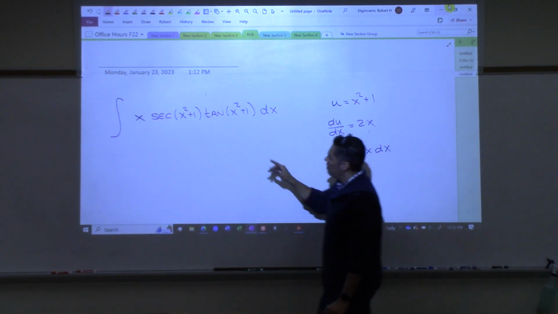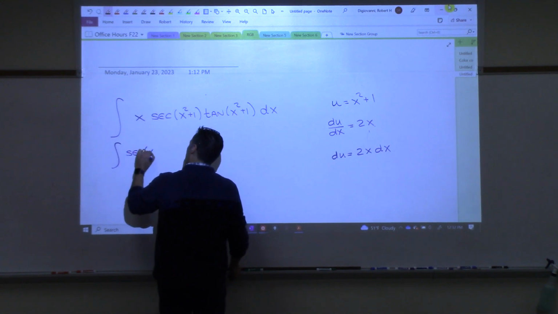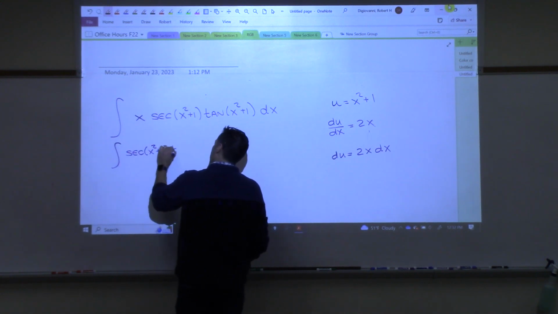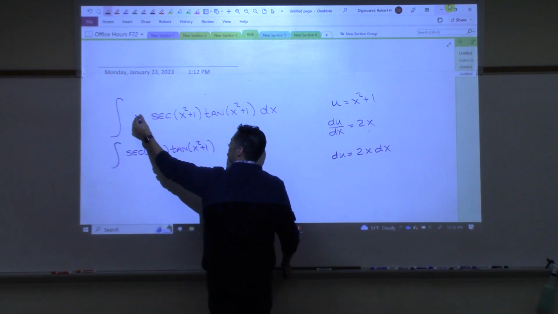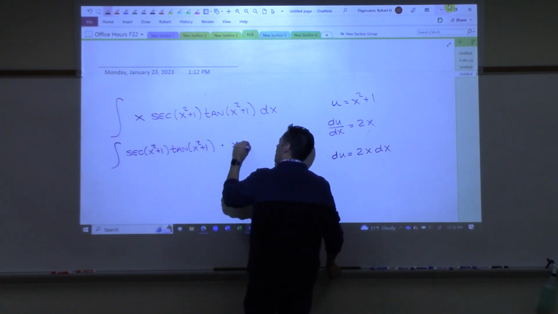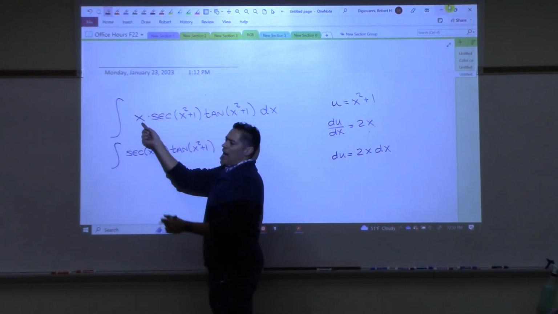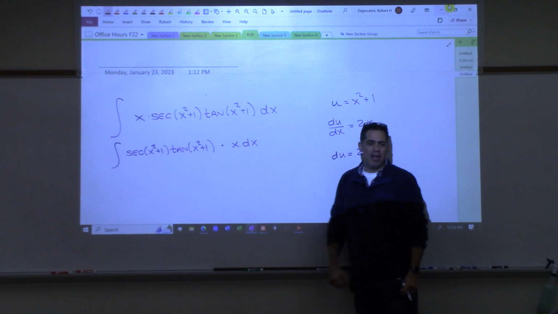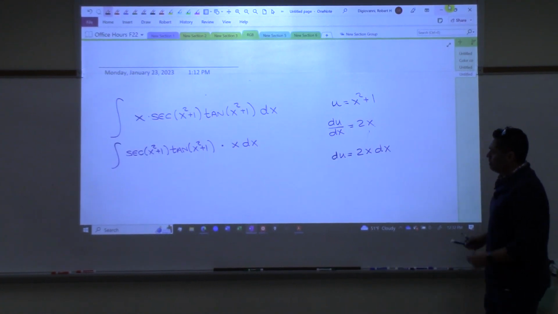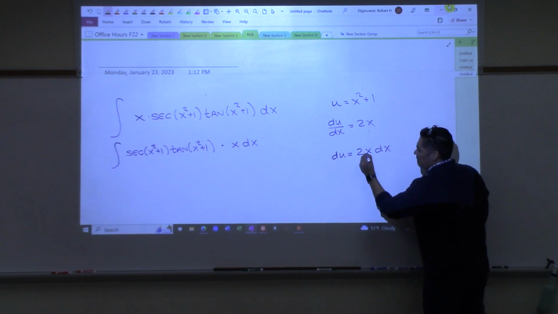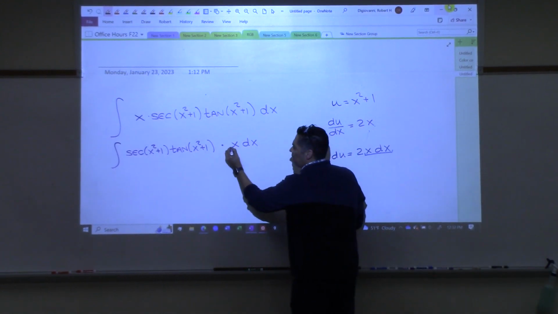So I'm going to rewrite this as x secant(x squared plus 1) tangent(x squared plus 1). See that x that was there? I peel it off to the back side as x dx, because this is multiplication, so I can move that x all the way to the back next to the dx. So right here I have x dx, which matches up exactly with this.